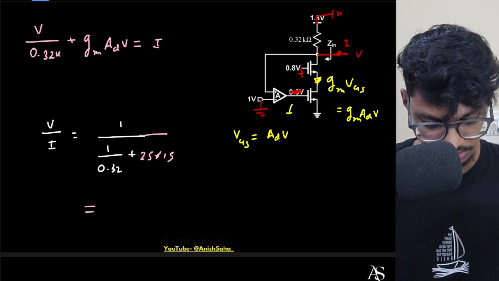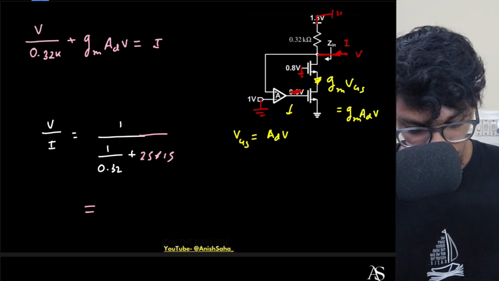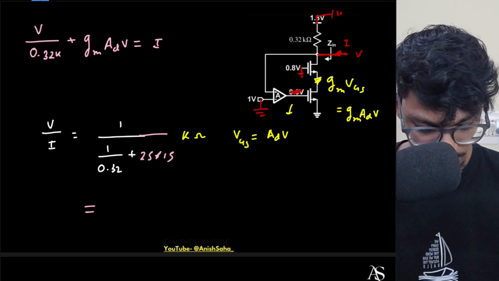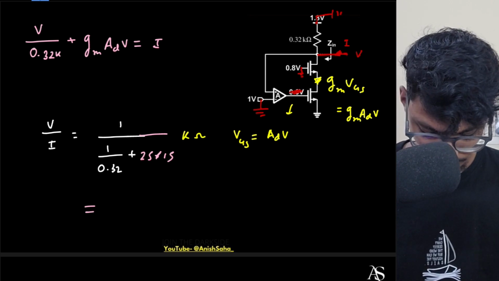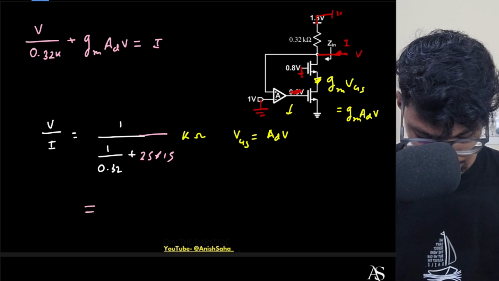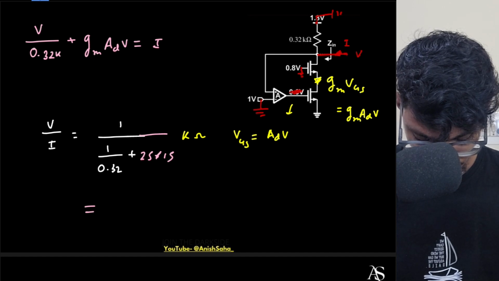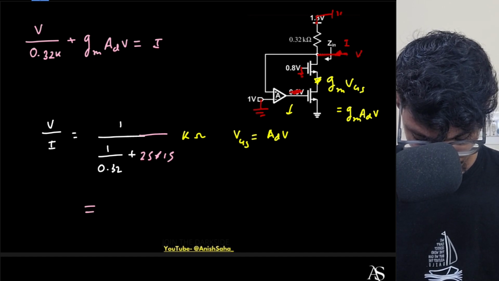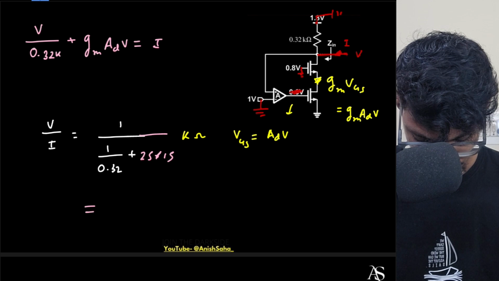So I will just write down the calculation. This will come in kilo ohms, and I will later convert it into ohms. So 25 into 15 plus 0.32 inverse.